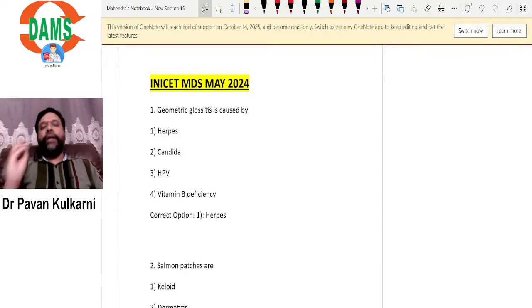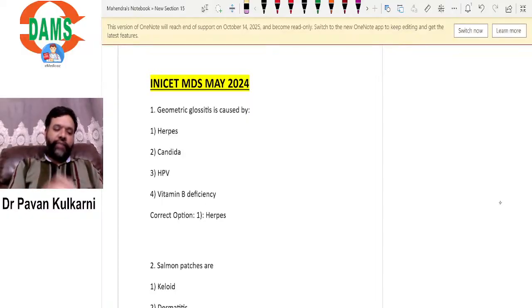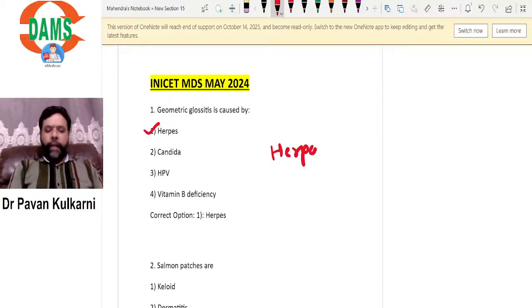Okay, remember, geometric glossitis is a characteristic feature of the herpes infection. Usually they say that you don't see geometric glossitis in herpes. For example, whenever we think of herpes, we either think of primary herpes or secondary herpes.